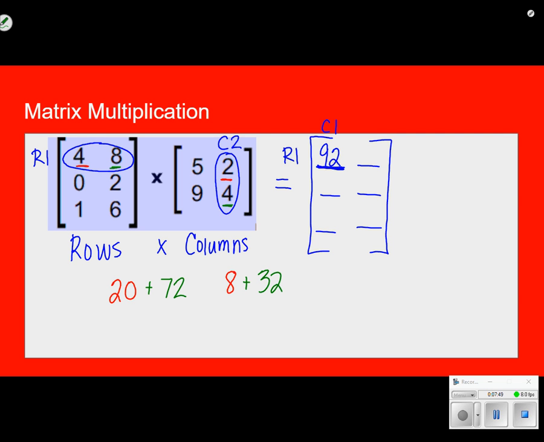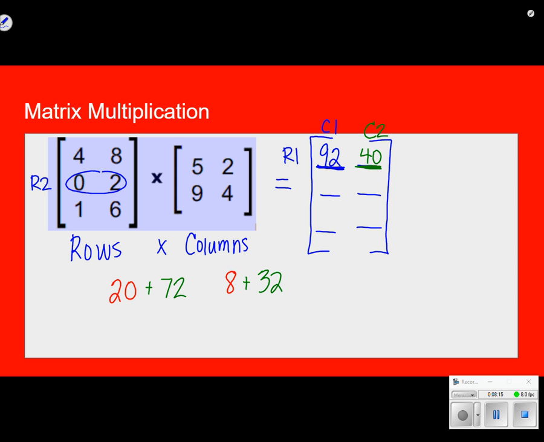So what is 8 plus 32? 40. And my answer goes in row 1, column 2. That's this blank right here. I'm going to put 40. Now that I've done both columns for row 1, I'm going to switch and now work with row 2.